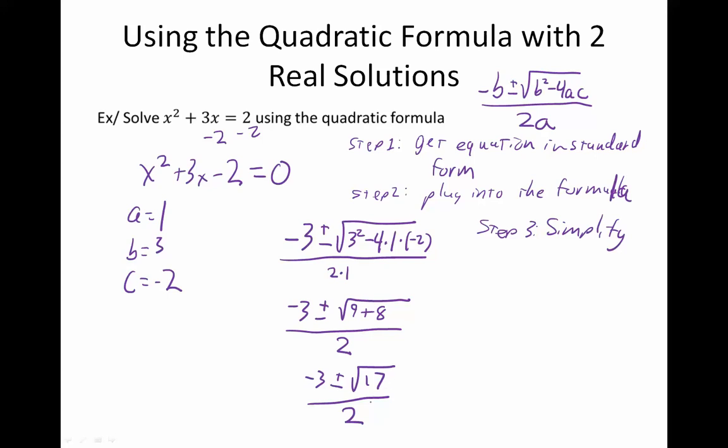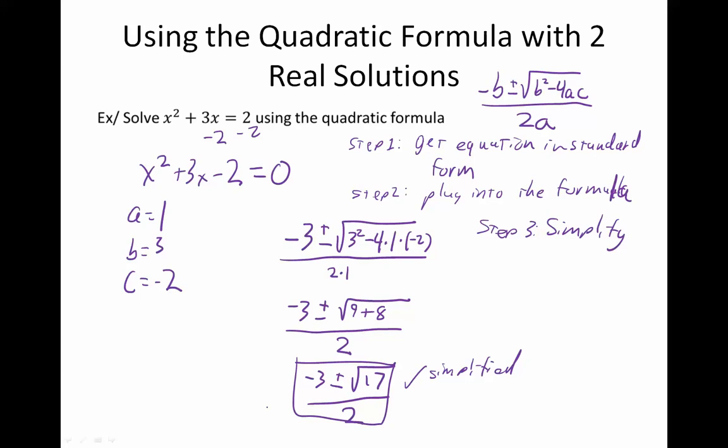No square numbers multiply evenly into 17. So there's nothing to do there. This one is simplified. And so this is actually going to stay our answer, -3 plus or minus the square root of 17 divided by 2. If we could simplify it further, we would, but we can't. And so it's going to stay like this.